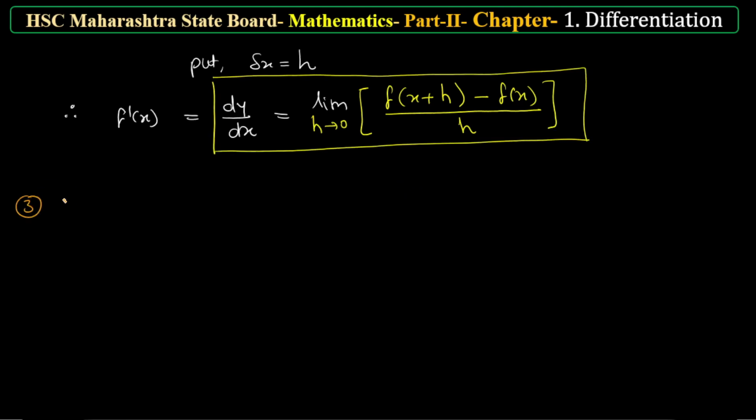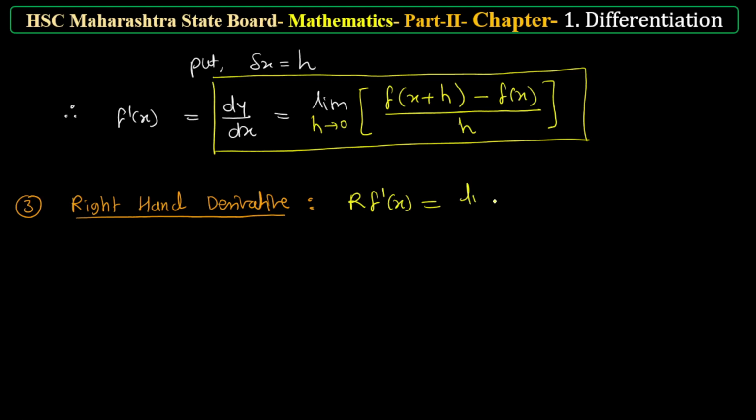Third remark: right hand derivative, R of f dash of x, is limit h tends to 0 plus of f of x plus h minus f of x divided by h.